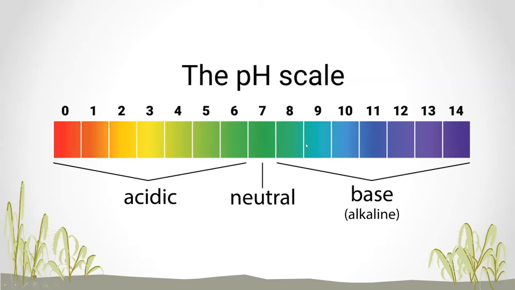So you can see that we get exponentially increasing amounts of hydrogen activity on the acidic side, and less and less on the alkaline side. So these aren't just simple linear changes. They are logarithmic changes. We get orders of magnitude difference between each whole number increment.